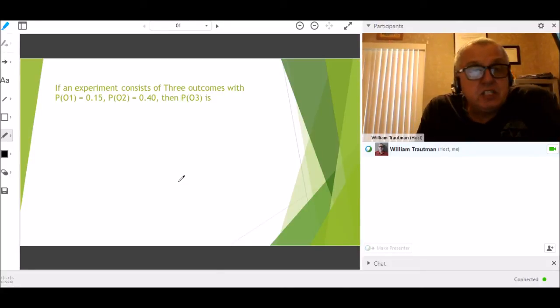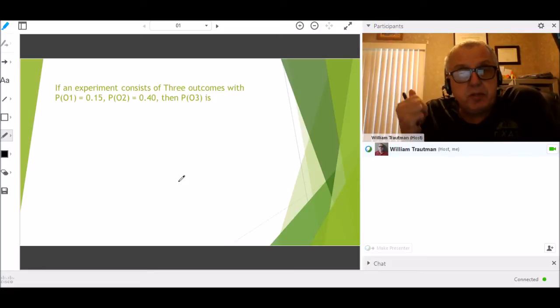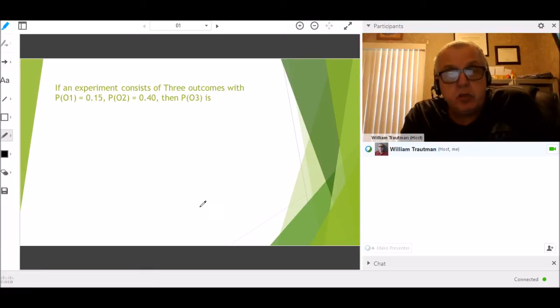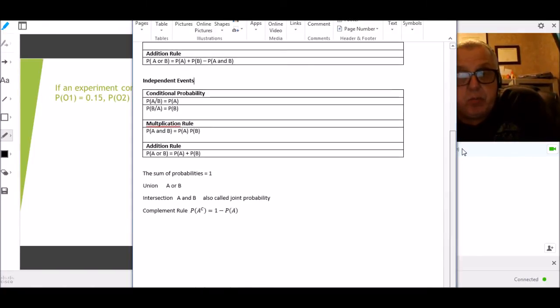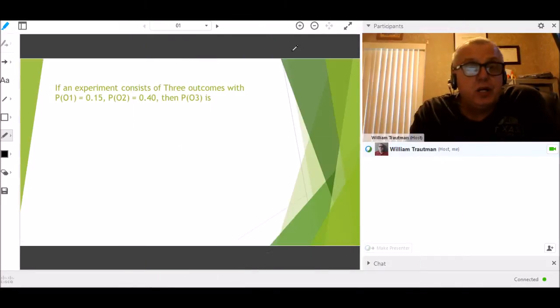The first problem says, an experiment has 3 outcomes. The probability of the first outcome is 0.15. The probability of the third outcome is 0.40. What is the probability of the second outcome? Well, if you look at that formula sheet near the bottom, it says the sum of the probabilities equals 1.